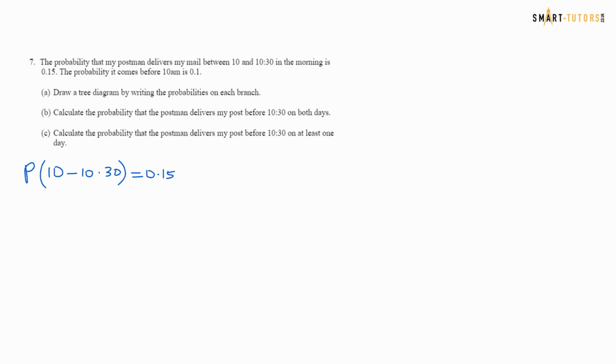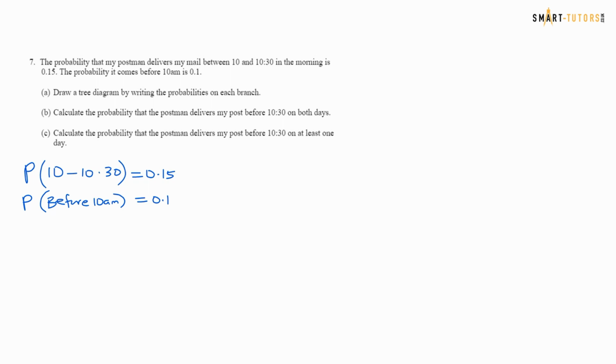The probability comes before 10 a.m. So probability comes before 10 a.m. So I write it as a before kind of thing. So before 10 a.m. is 0.1.